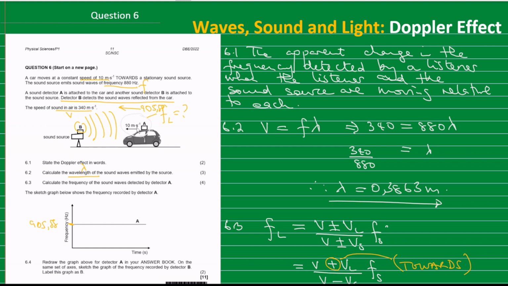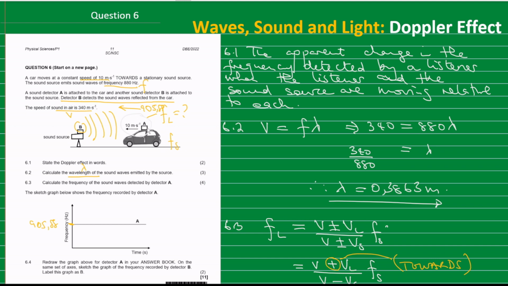So basically we are now saying that the car is emitting a sound, because the same frequency that is detected here is now bouncing back. We treat that as an FS, the frequency emitted by the car. So now we almost have a double Doppler effect here.